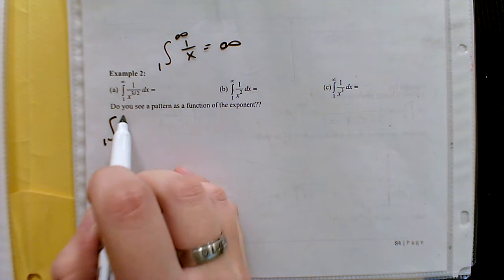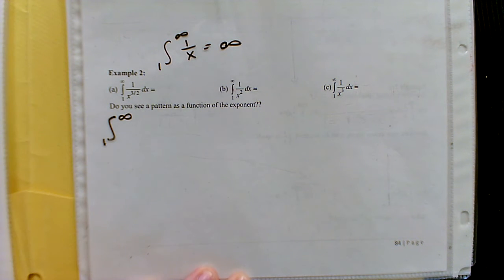So if we were to do these by hand, how might you want to solve that integral? 1 over x to the 3/2. Let's see, instead of having the x in the denominator, can we move it up top?